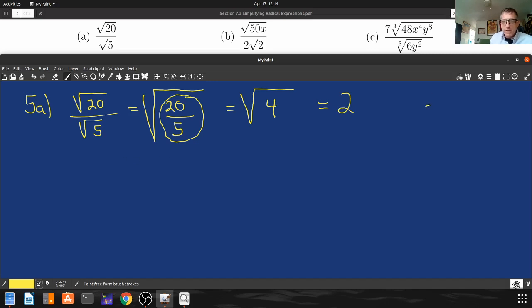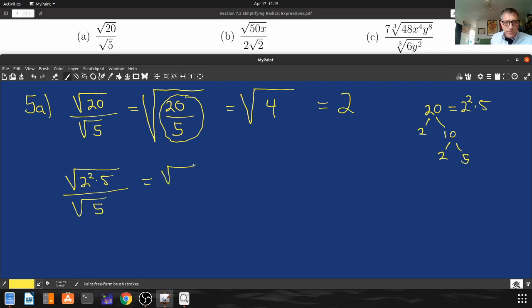Now, if you wanted to go over here and find the factorization of 20, you'll find 20 is equal to 2 squared times 5. You could do it that way. So that's the square root of 2 squared times 5 over the square root of 5.